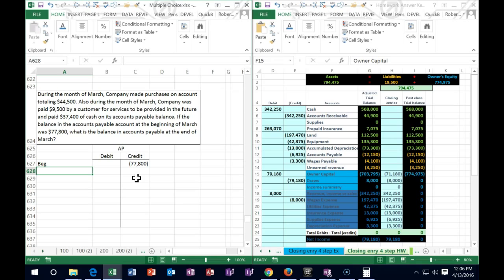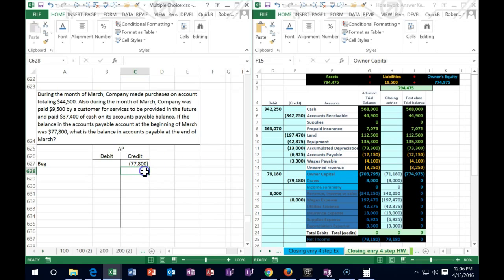What other information did they give us in this case? During the month, the company made purchases on account of 44.5. So we purchased stuff on account, kind of like on a credit card. So we got stuff like supplies or expenses or some good stuff, and those are assets or expenses, and they have debit balances. So we debit that, and we credit the liability.